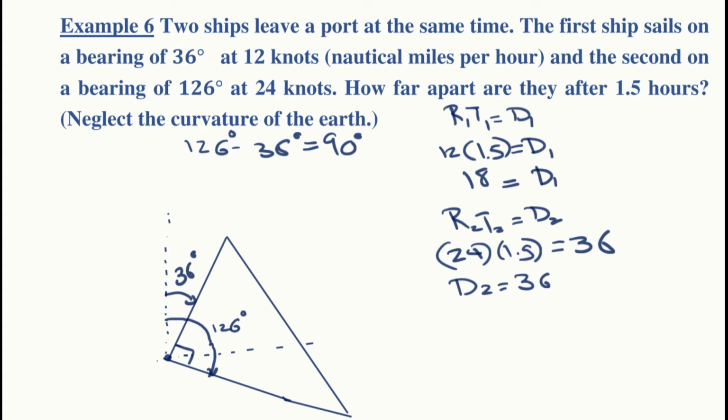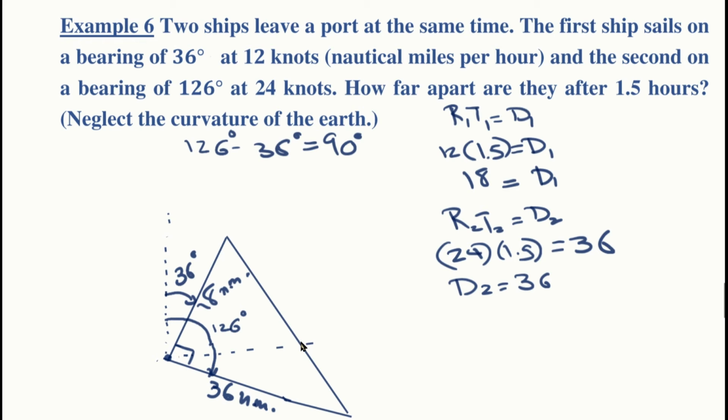All right, so we have the following now. We have 18 here, nautical miles, and we have 36. Actually, we're calculating this one. So that's 36 nautical miles, and this is what we're trying to find, right?